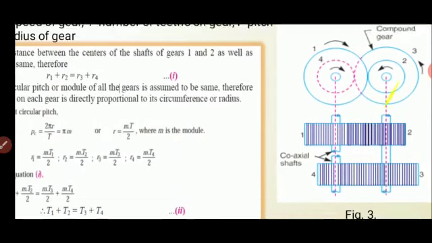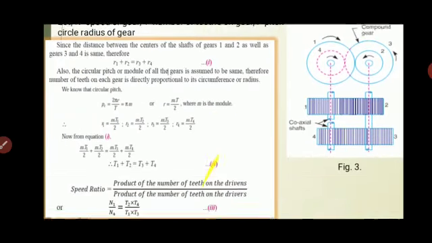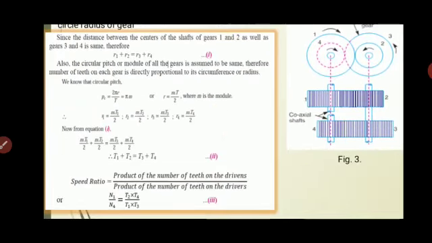Now since gear 2 and gear 3 are mounted on the same shaft, the speed will be the same, so N2 and N3 get cancelled. We are left with only N1 by N4. Therefore N1 by N4 is equal to the product of T2 and T4, that is teeth, over the product of T1 and T3. In general, the speed ratio is the product of the number of teeth on the driven gears to the product of the number of teeth on the driver gears.